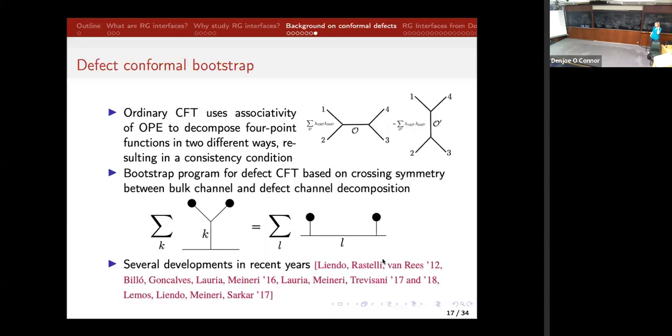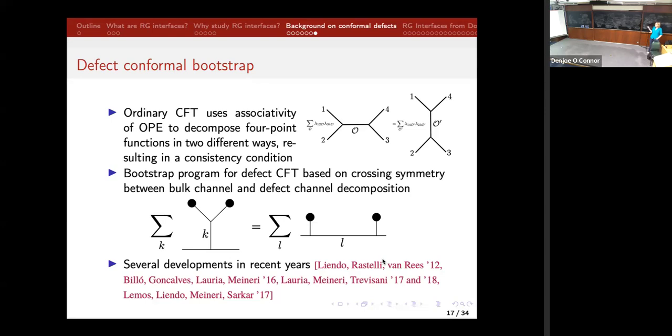So one method that people have used to try to extract these OPE coefficients and scaling dimensions is the defect conformal bootstrap. You may be familiar with the ordinary conformal bootstrap, which uses associativity of the OPE to decompose 4-point functions in 2 different ways.